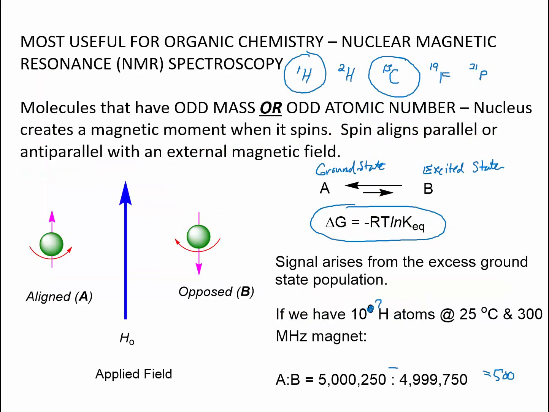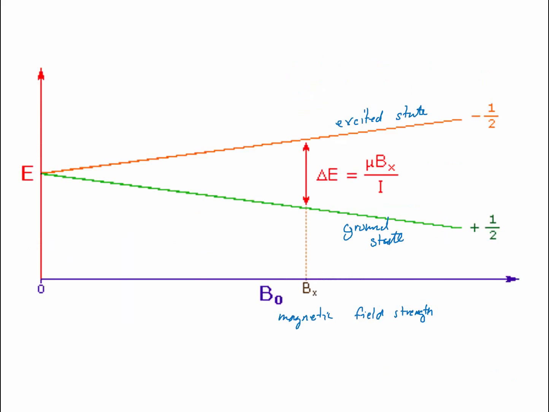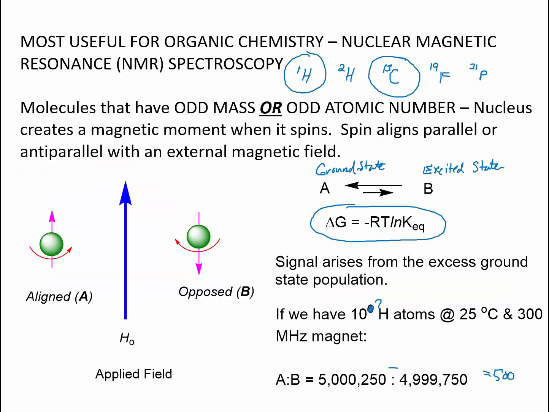And that's a very important consideration because I said at a certain field strength, there's only 500 excess molecules in the ground state. Well, if you increase this energy, the excess ground state population increases quite dramatically. One other comment. Why are we measuring magnetic field strength in this unit of frequency? Magnetic spectrometers, their power is gauged by what frequency is required to excite a proton.